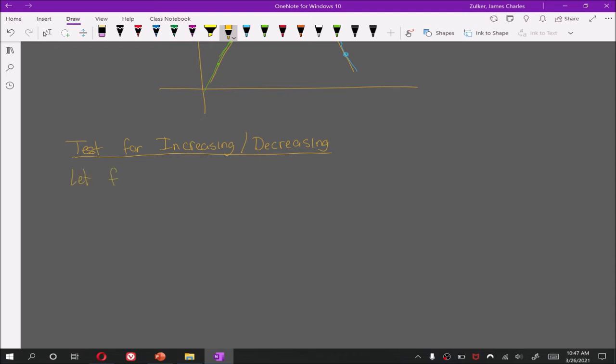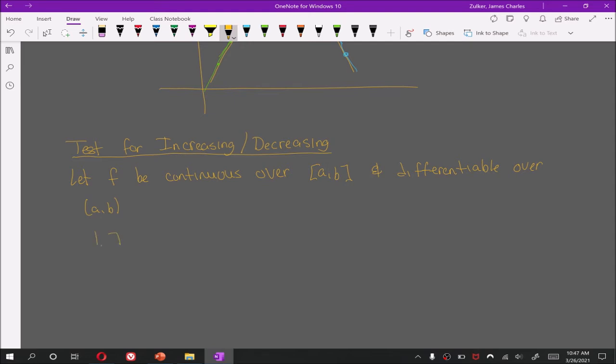So we say let f be continuous over the closed interval a to b and differentiable over the open interval a to b.